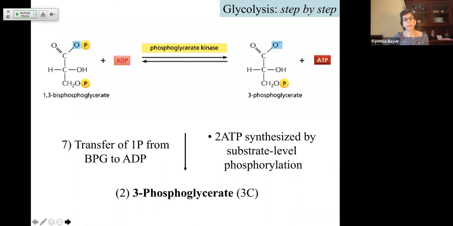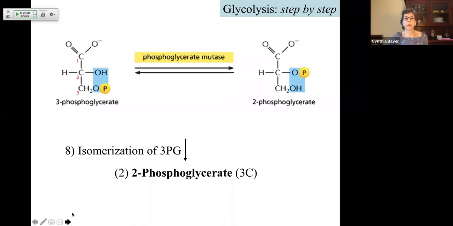The next step, step 8, is an isomerization, and this enzyme will transfer the phosphate from carbon 3 to carbon 2. So what it does overall is it converts 3-phosphoglycerate to 2-phosphoglycerate.